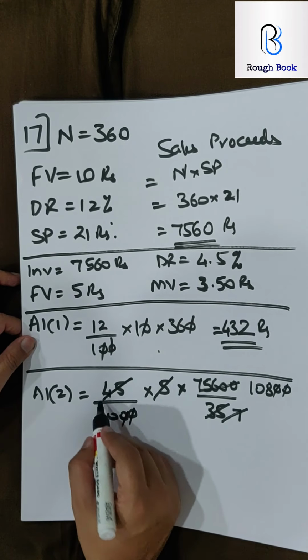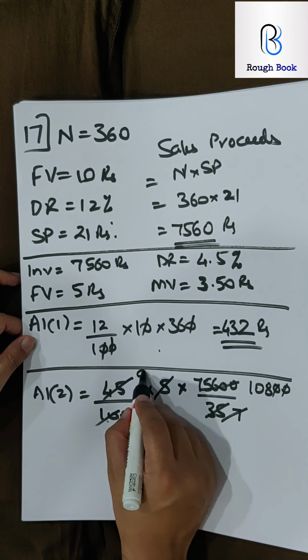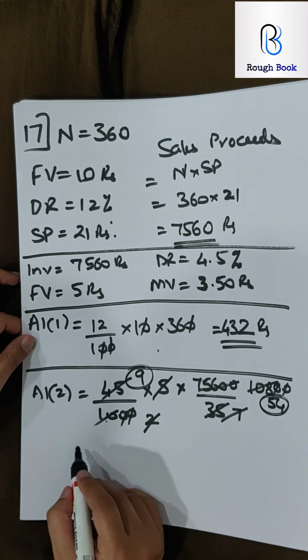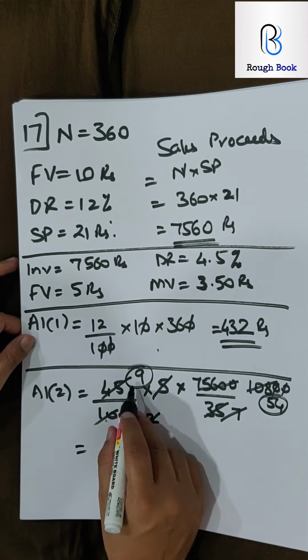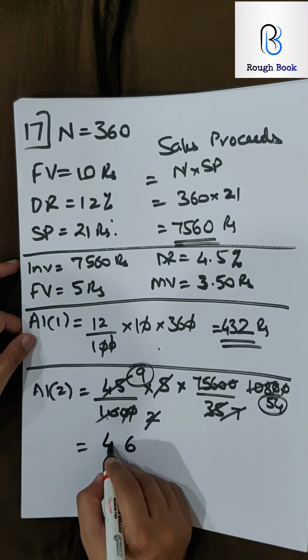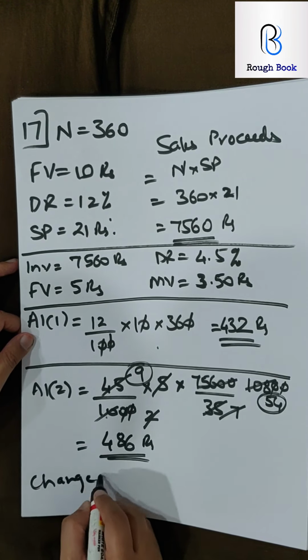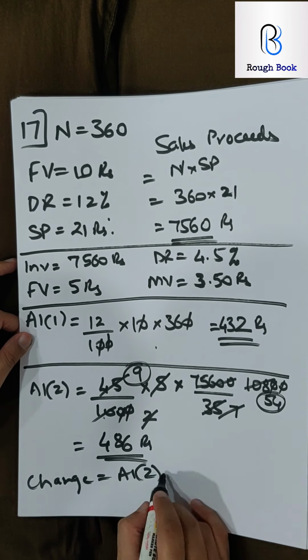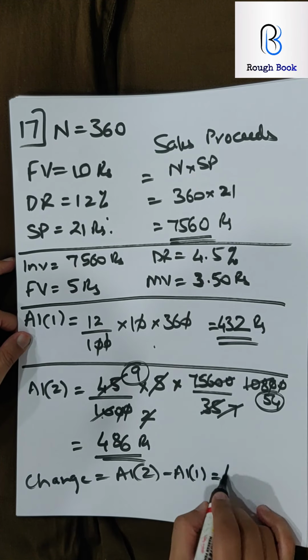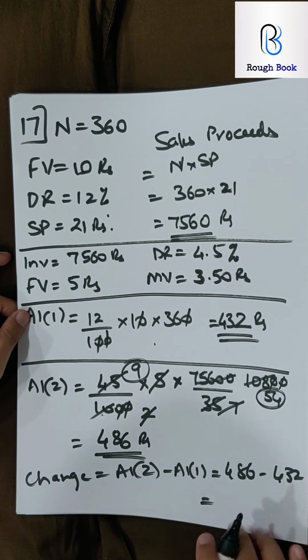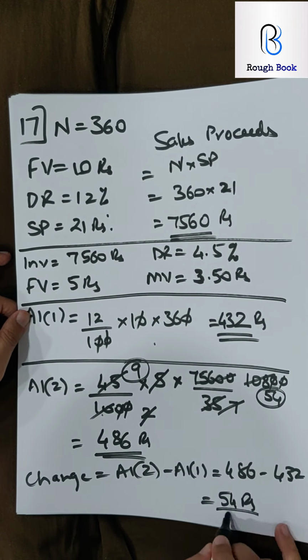Nothing else cancelling. Yeah, it can. So what is left is 9 into 54. 9 fours are 36, 45 plus 3 is 48. So 486. So change is AI2 because that is greater, minus AI1, that is 486 minus 432. So the answer should be 54 rupees.